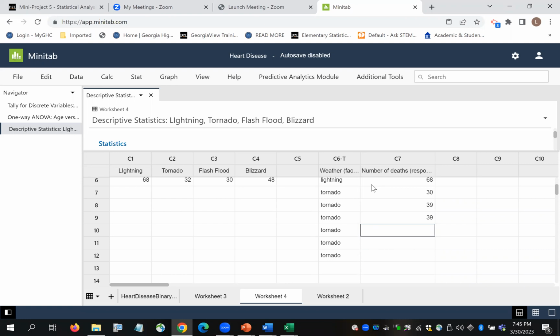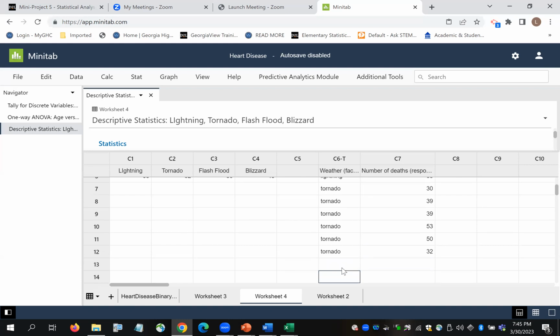You have to repeat, you have to label every numeric value. So I have to indicate what weather event it was. Now I'm putting them in order based on the table. Next is flash flood. Again, there are 6 values.